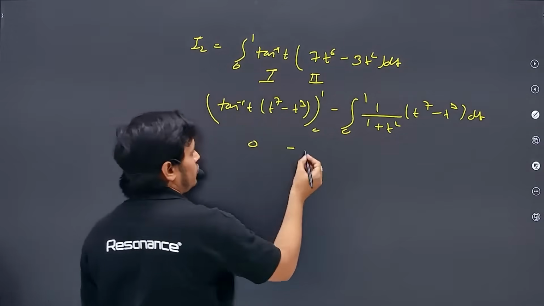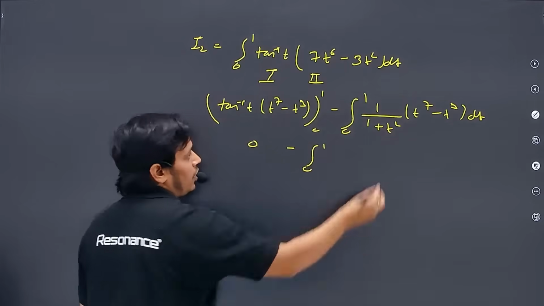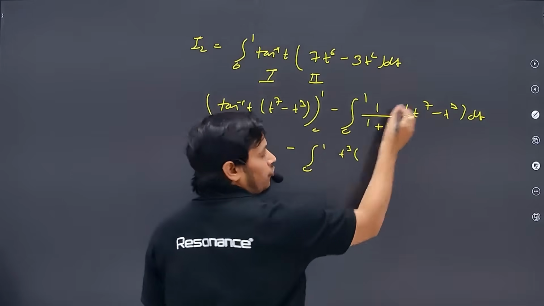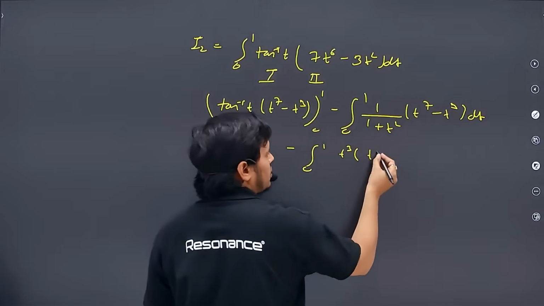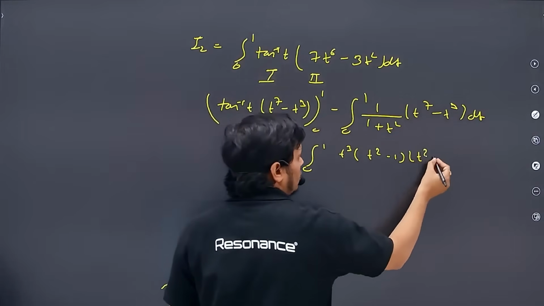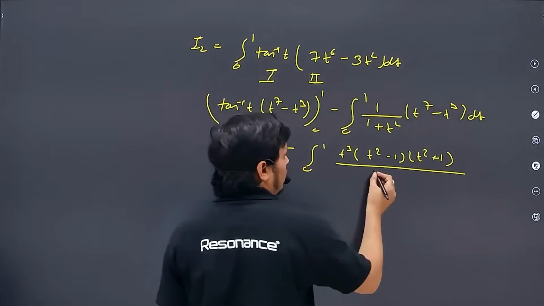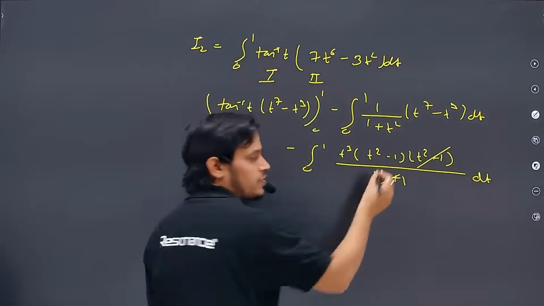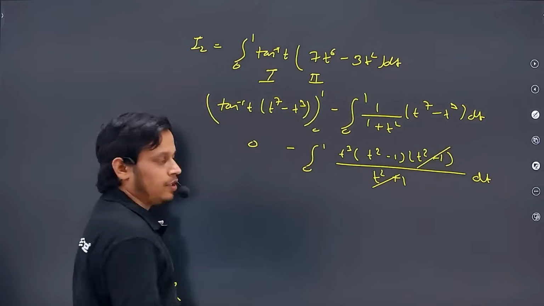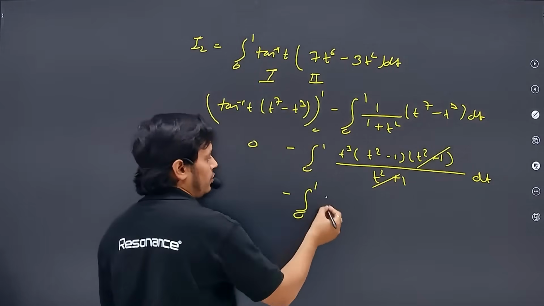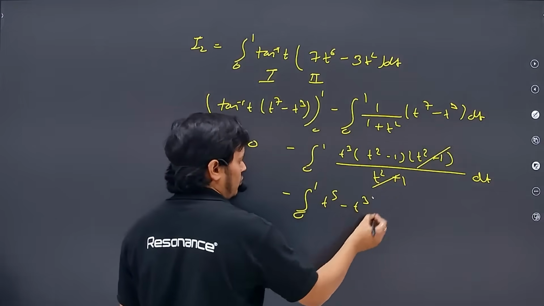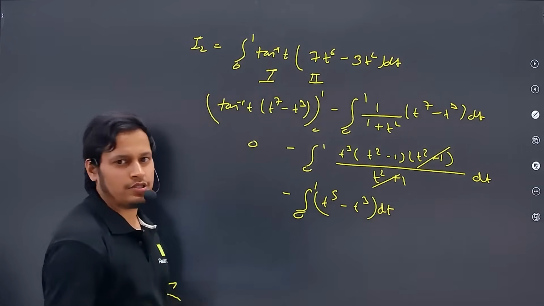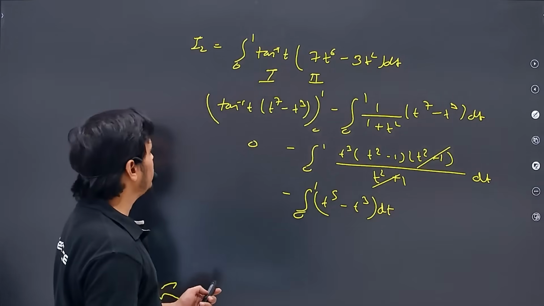So actually this one is 0, minus the integral from 0 to 1, in numerator t³ common. So what we have here? t⁴ - 1 can be written as (t² - 1)(t² + 1), divided by (t² + 1) dt. This t² + 1 gets cancelled out. Now finally we can integrate it. So the integral from 0 to 1 of (t⁵ - t³) dt. If you just simply integrate, you will get your answer. Okay, next one.